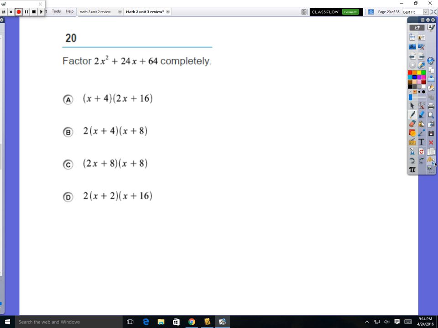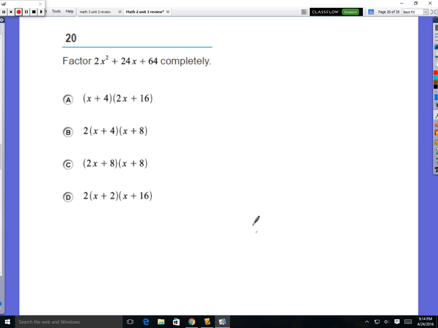Super fun. 20. Okay, so factor this one. If it's multiple choice, you could take a guess, and if you wanted to factor it, probably the first thing to do would be to factor out a 2.